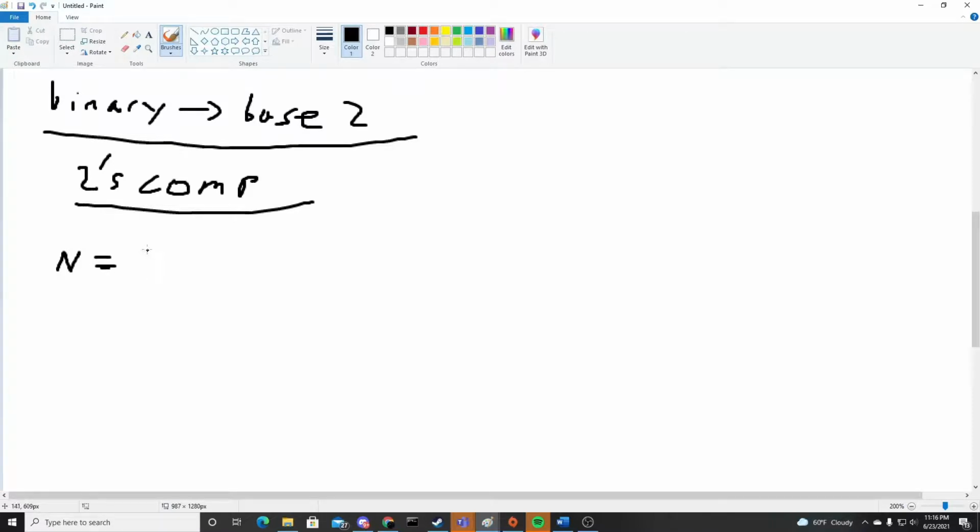Let's say we had a binary number that was 0, 0, 1, 0, which in base 10, in decimal, is actually equal to just 2, because we have a 1 here in our 2's place for binary. And then our lowercase n in that case would be 4, because we have 1, 2, 3, and 4 digits in our binary number here.